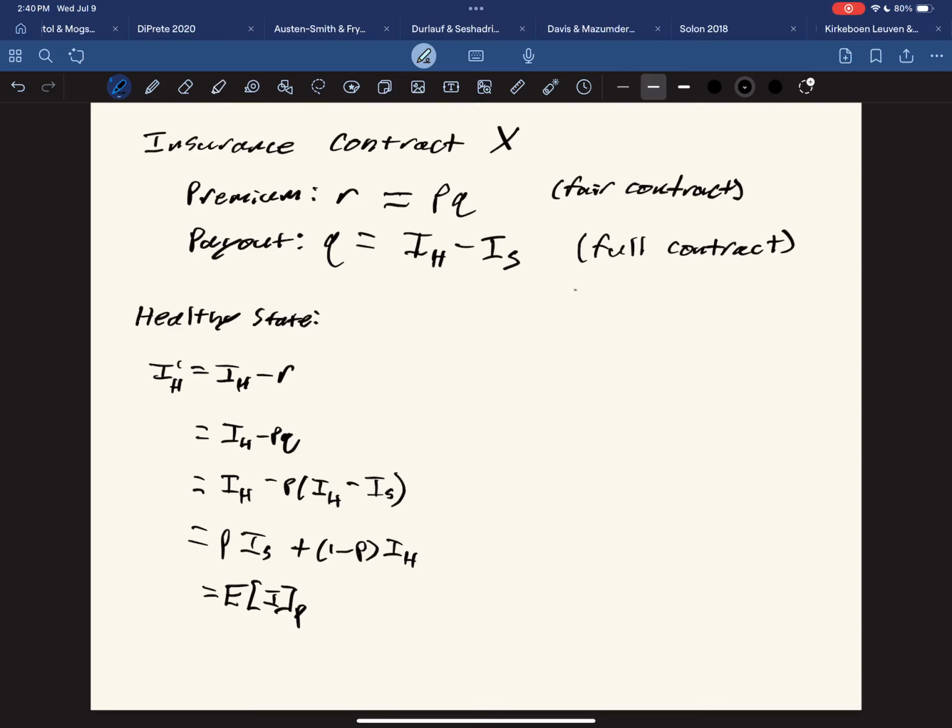And then what about the sick state? In the sick state, what does my income look like if I buy contract X?